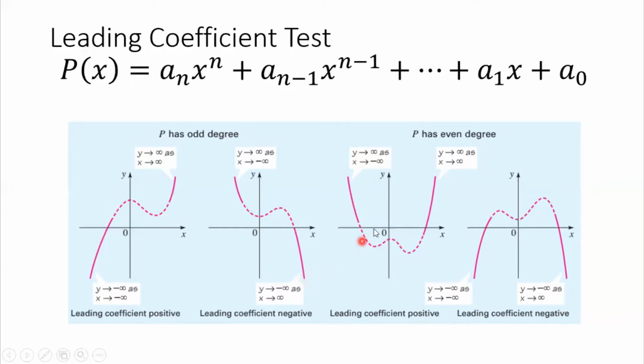Now, what will happen if we have a polynomial whose degree is even? So if the degree is even and the leading coefficient is positive, then the graph looks like this, which means that on this side here, y approaches positive infinity as x approaches negative infinity, or to the left, while the y value approaches positive infinity as x approaches positive infinity, or as x goes to the right.